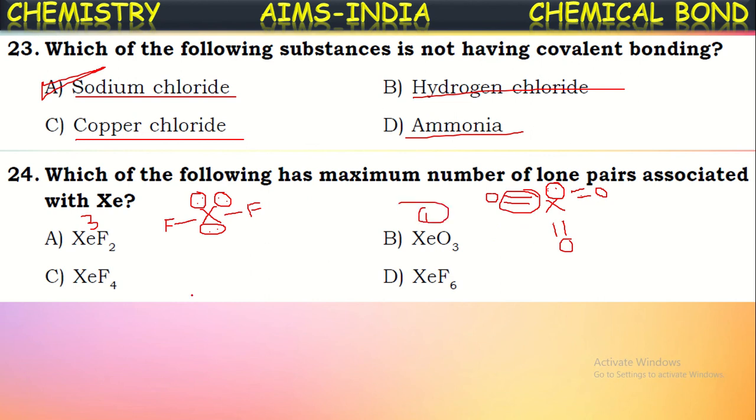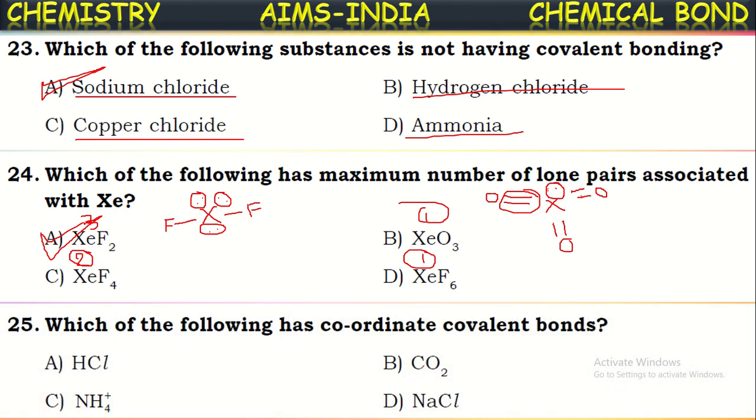In xenon tetrafluoride, 4 electrons will participate in the covalent bond formation. The remaining 4 electrons, 2 pairs of electrons, will be unbonded, which are called 2 lone pairs. In xenon hexafluoride, 6 electrons will participate in the bond formation. The remaining 2 electrons, 1 lone pair of electrons, will be on the xenon. Now, xenon difluoride has the maximum of 3 lone pairs of electrons on the xenon.